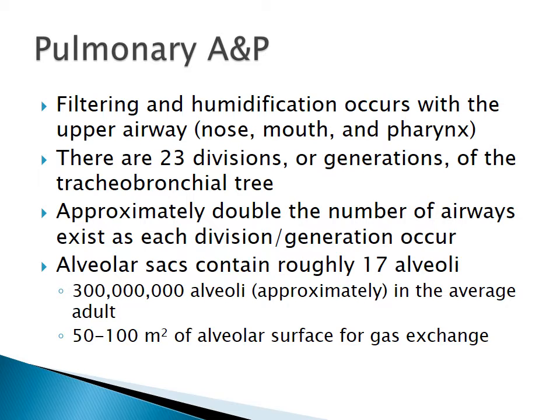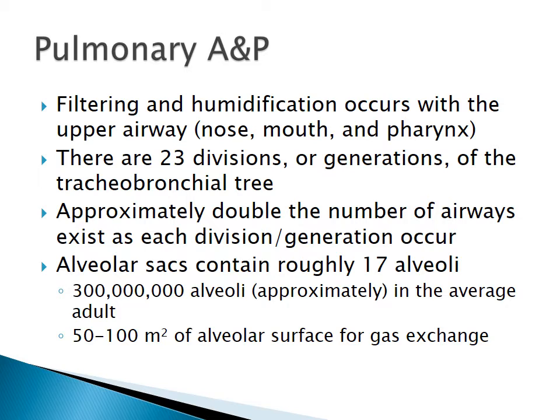So when we look at the divisions, we start at the top, trachea. First division is our right and left main stem. There's 23 divisions or generations. Sometimes you'll read generations in the literature. That's a bifurcation. Next bifurcation, next bifurcation, next bifurcation, before you get to the alveoli. So 23 from the top to the bottom.